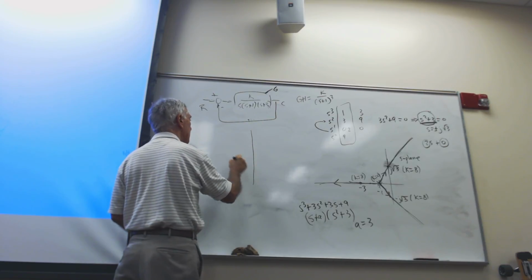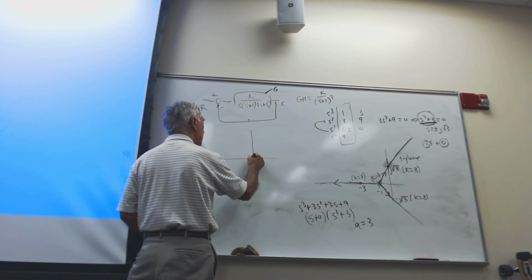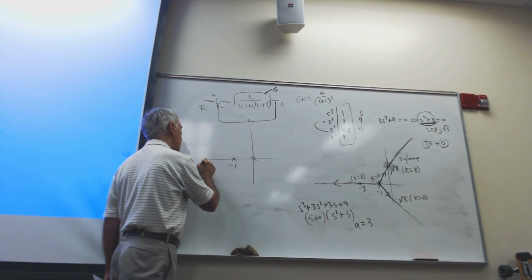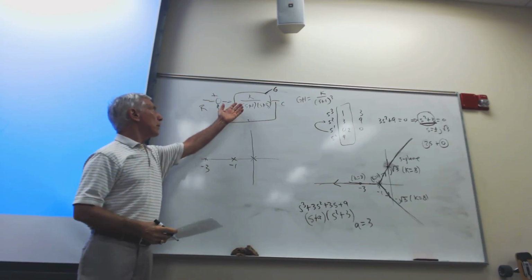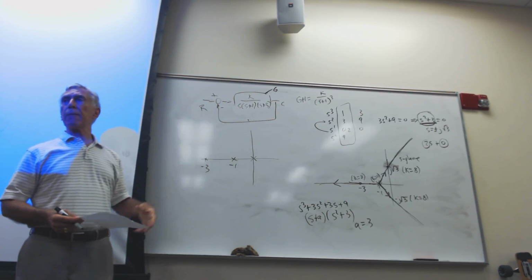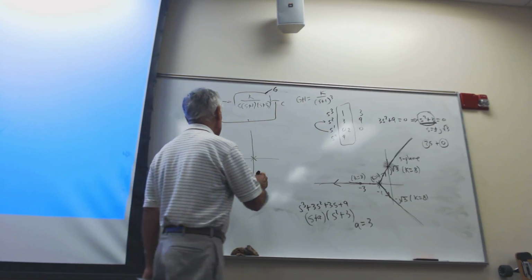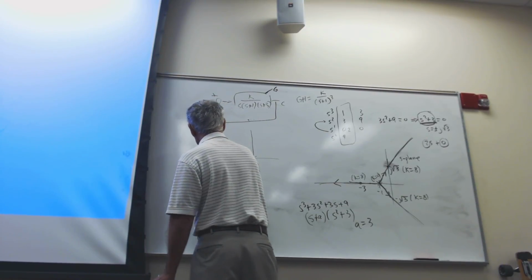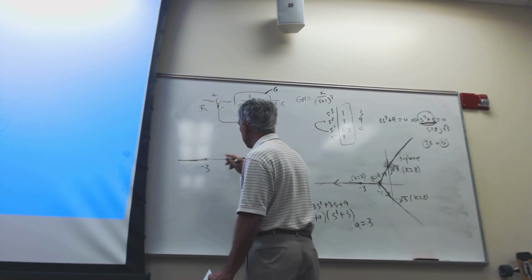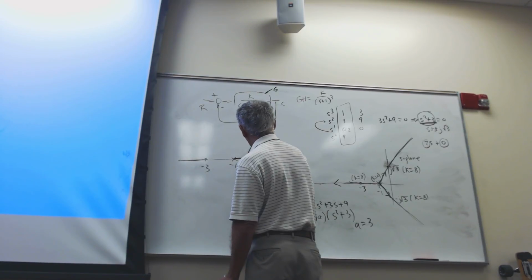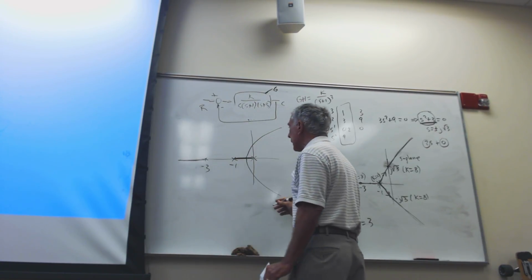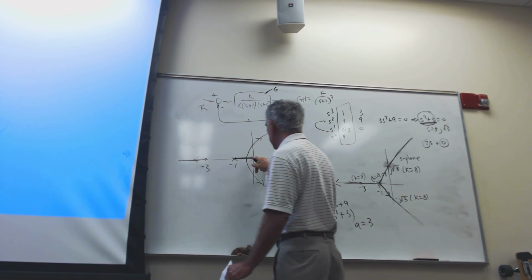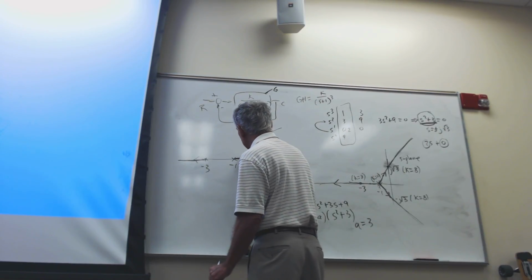In this case, we have a pole at the origin, a pole at -1, and a pole at -3. There are no finite zeros. And it turns out the root locus is going to exist on this range, and on this range, and then as the gain k increases, it moves along the direction of these arrows.